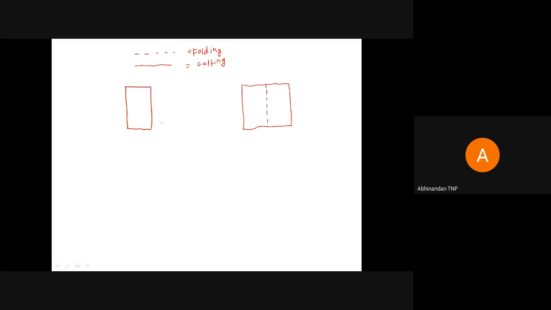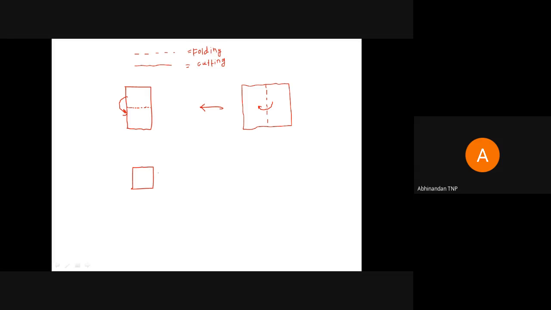So this is the paper. Then again, we are folding this paper through the center. This is the folded version, shown by a dotted line. Again we are folding it here.